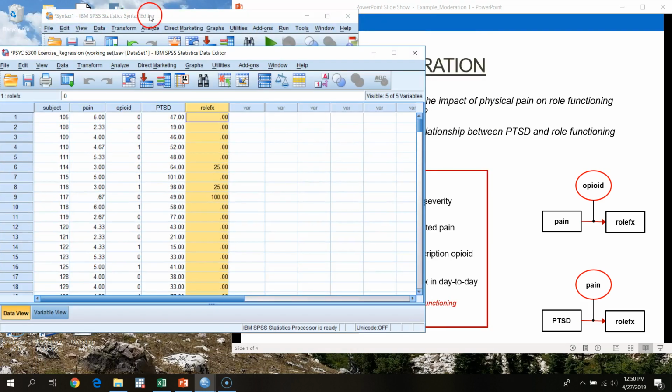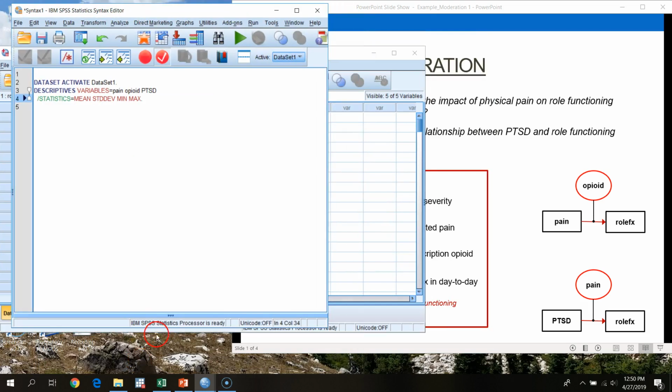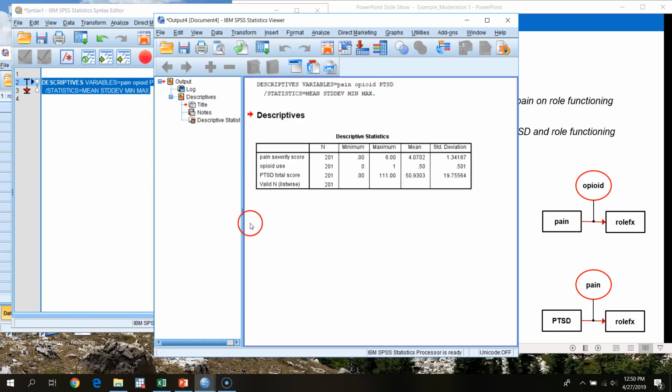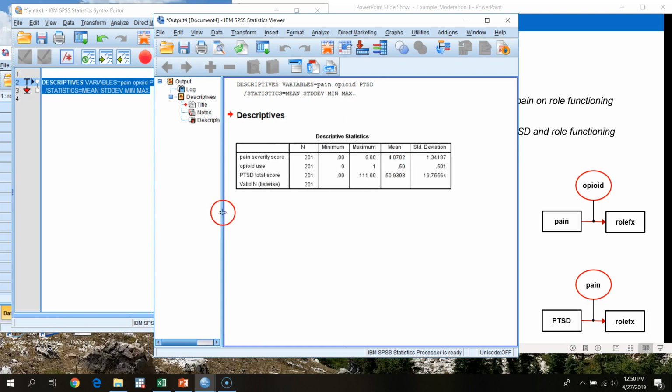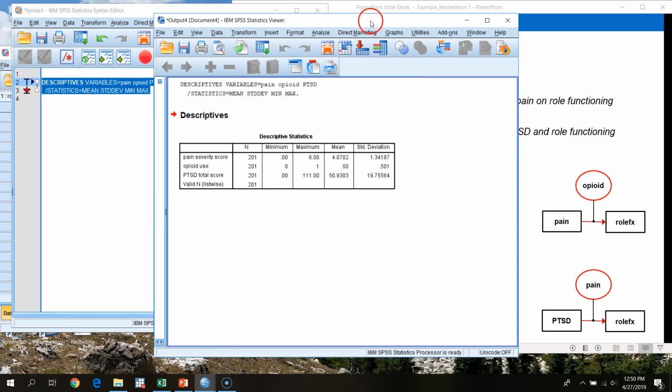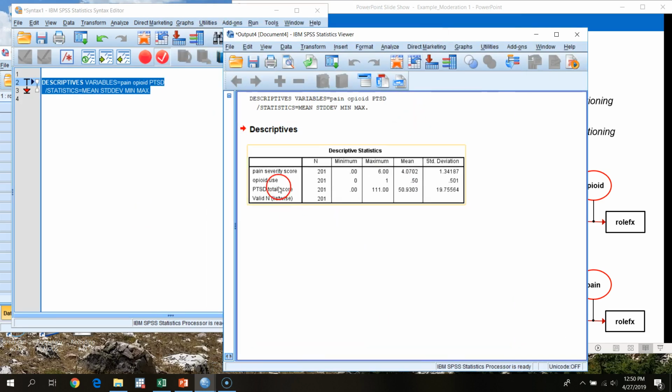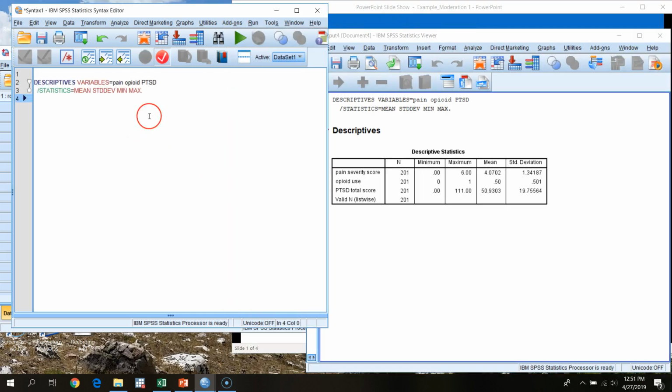Drop this down so I can get everything on the same page. All right. So what I'm going to do first is run my descriptives so I can get my predictors centered here. Here are my three predictors and my mean values. To center these, I'm just going to go to Compute.